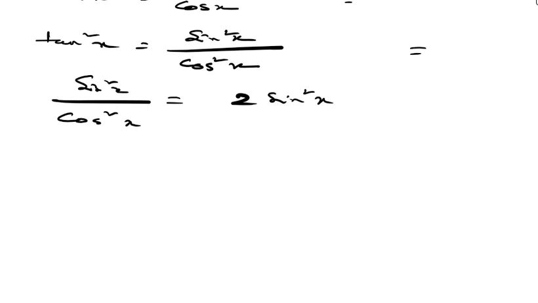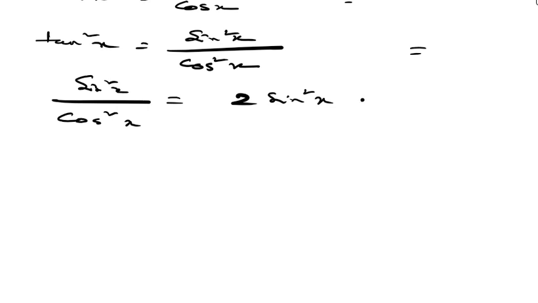Now the problem has become a pure trigonometric equation, and we know tan x is equal to sin x / cos x. So tan²x is equal to sin²x / cos²x. Now substitute: sin²x / cos²x is equal to 2 sin²x.